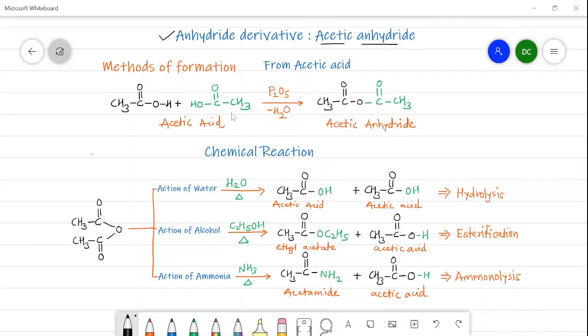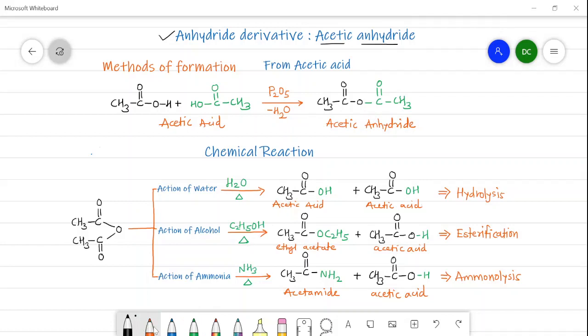When two molecules of acetic acid, I have written these two molecules separately, here in black color, here in green color. Now when these acetic acid molecules are heated in presence of phosphorus pentoxide P2O5, there is a removal of a water molecule with the formation of acetic anhydride.